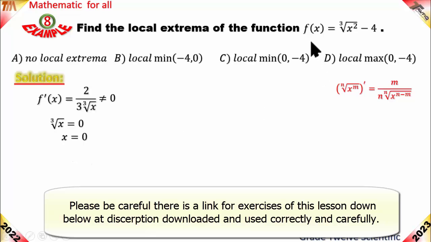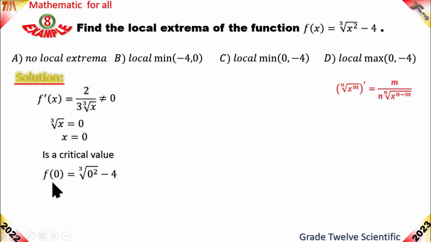Because the domain of the function is all real numbers, x belongs to the domain, so x equals 0 is a critical value. Now f of 0 is the cube root of 0 squared minus 4. f of 0 is minus 4, so (0, minus 4) is a local extrema.